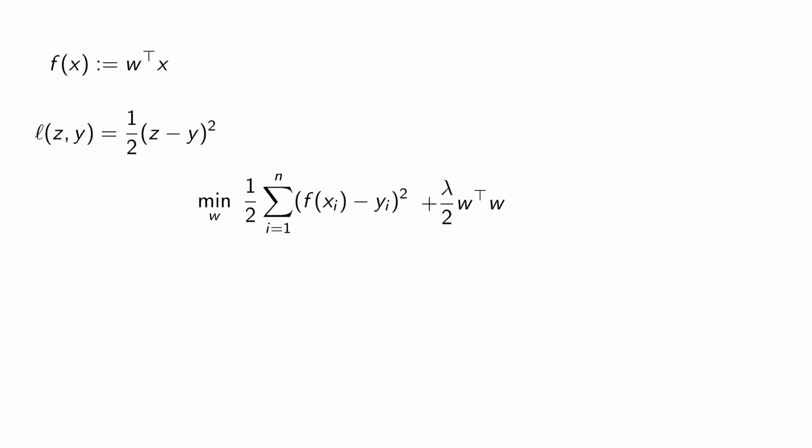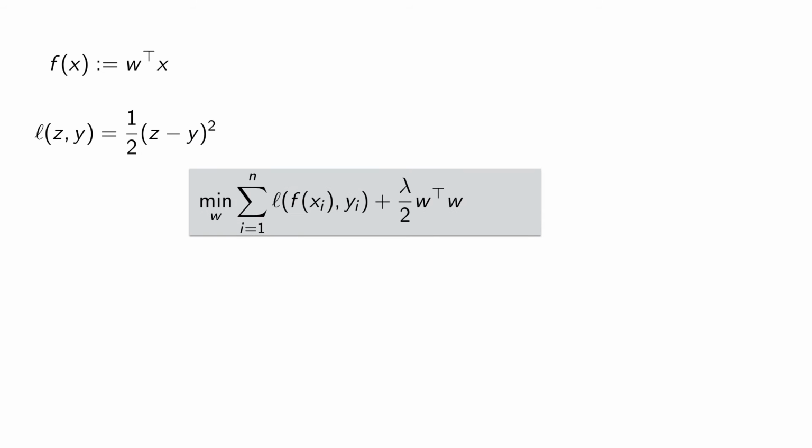So if we say the loss function is 1/2 the difference between a prediction and the true value, all squared, then we can just plug that in for a general equation that just uses the loss function.